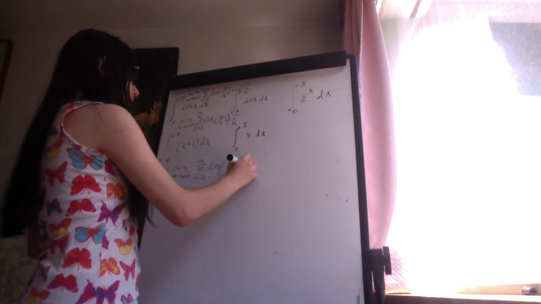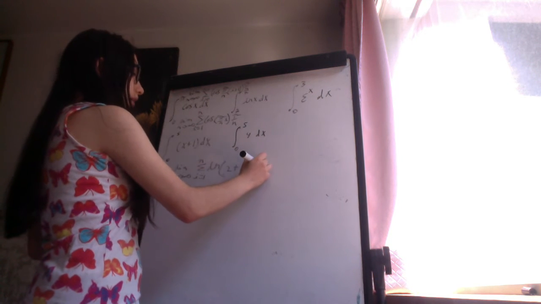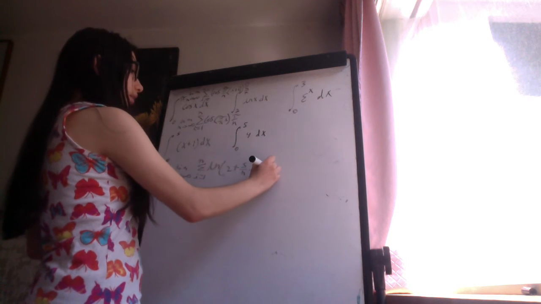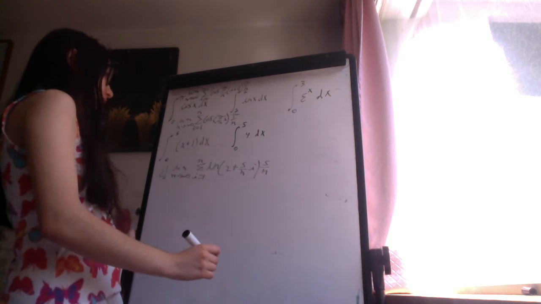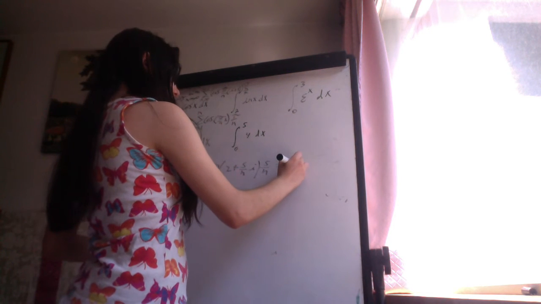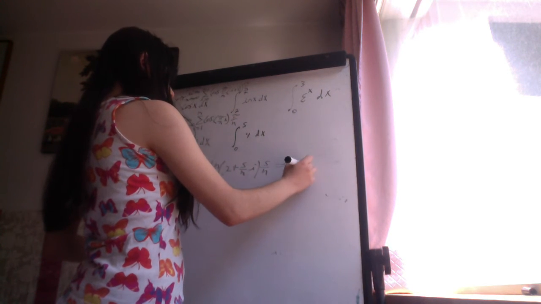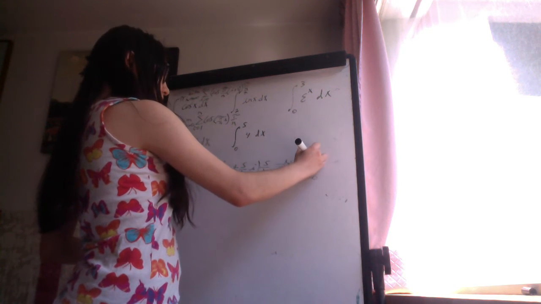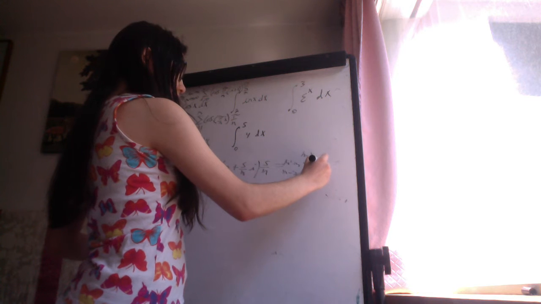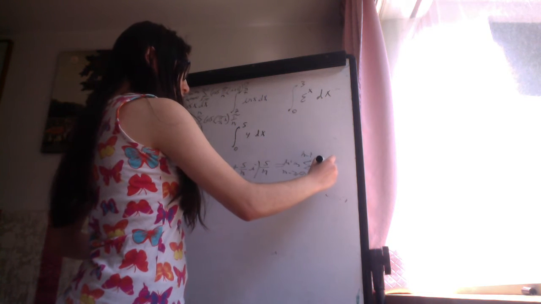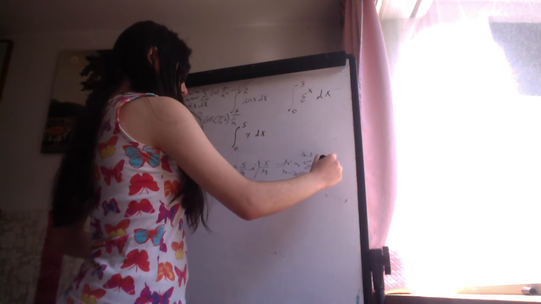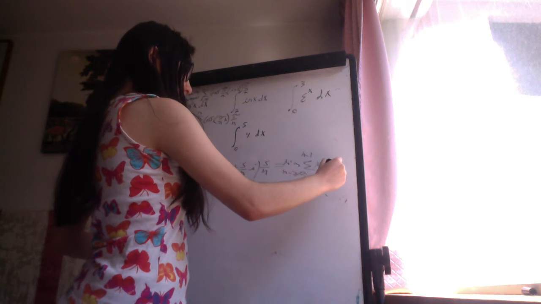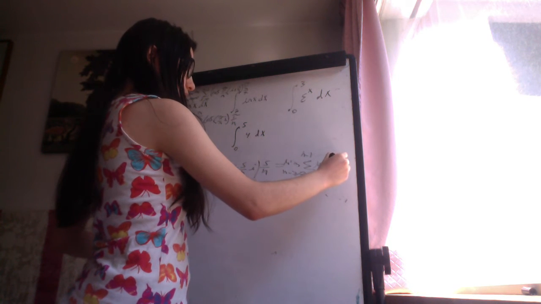Delta x is 5 over n, times delta x, that is 5 over n. The other way would be the limit as n approaches infinity of the summation from i equals 0 to n minus 1 of natural log of 2 plus i times 5 over n plus 1.